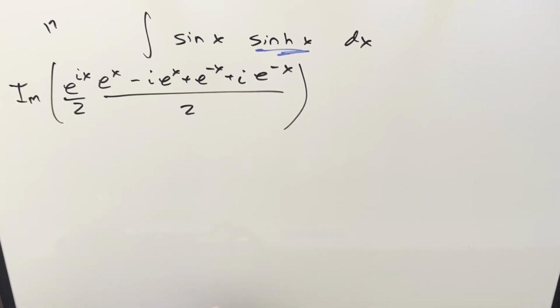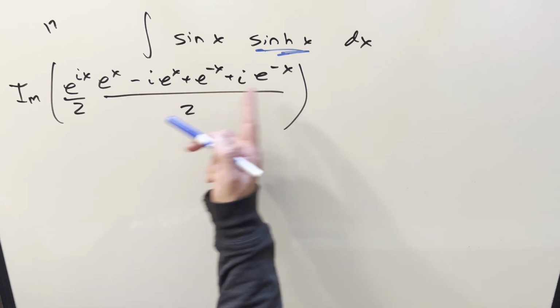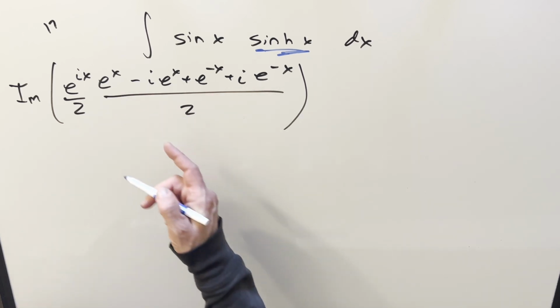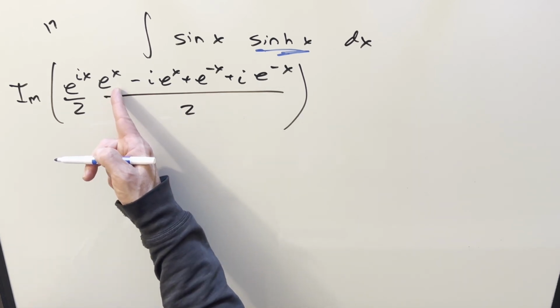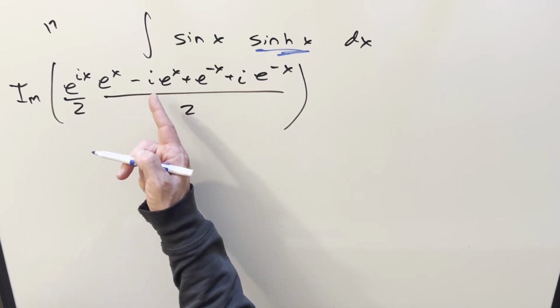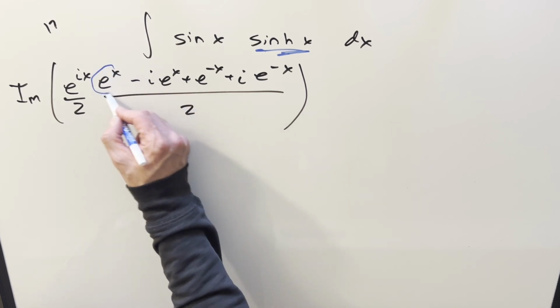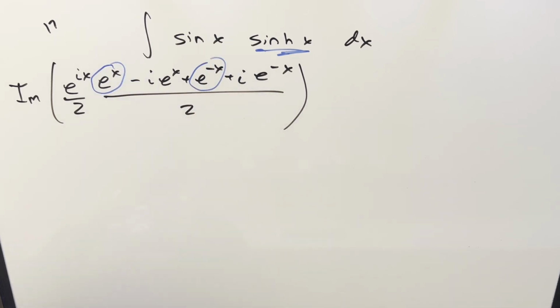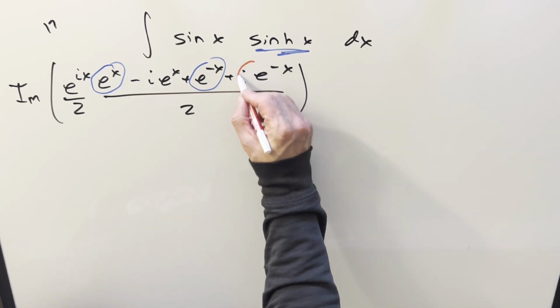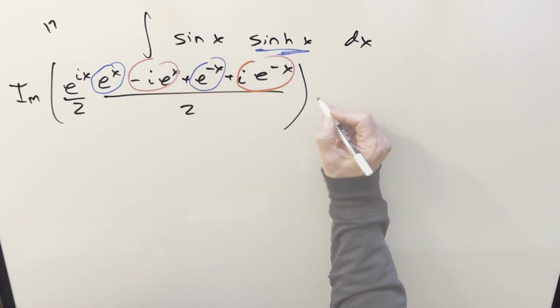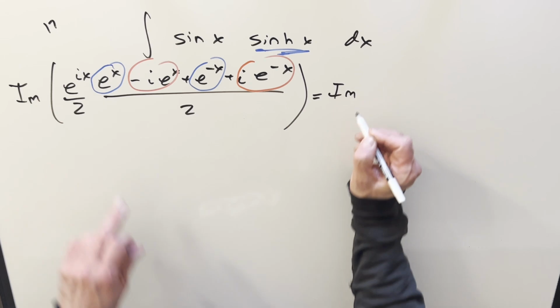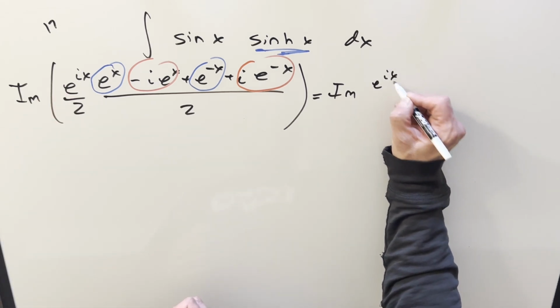Okay, now from here, we're in pretty good shape. I actually just want to reorder this whole mess in the numerator. Let's group the ones with the i coefficient, and then group the others. So we'll group this one and this one, and then this one with this one. We still have this e^(ix) in front here.